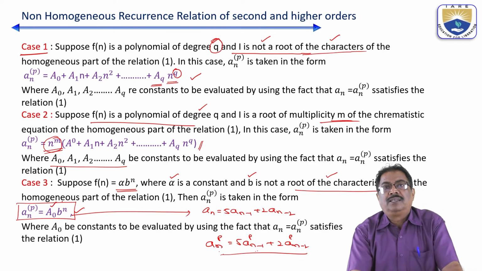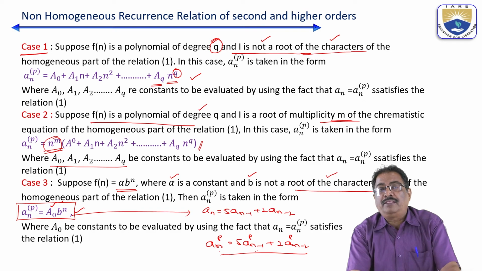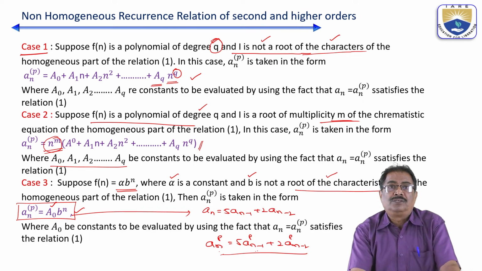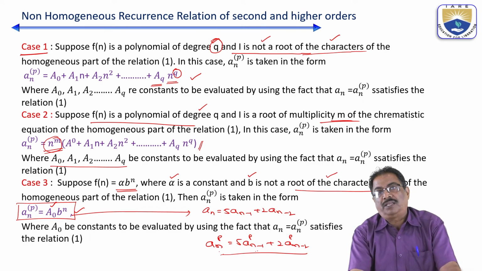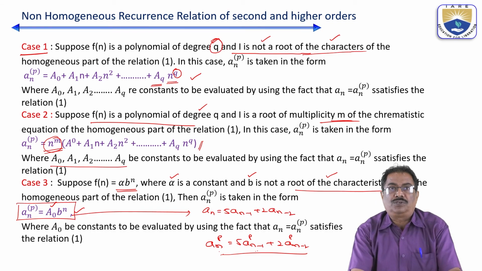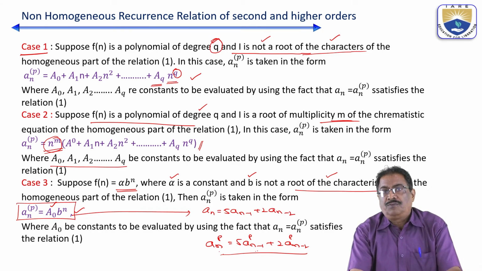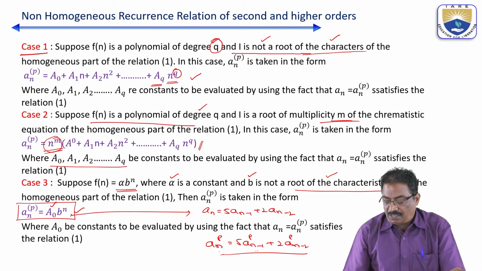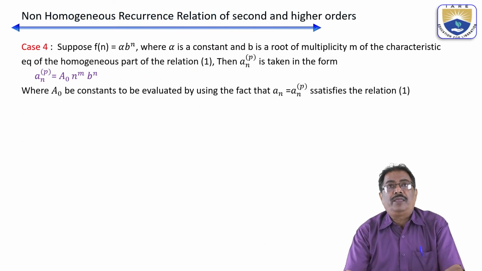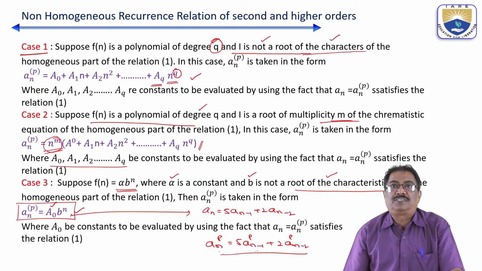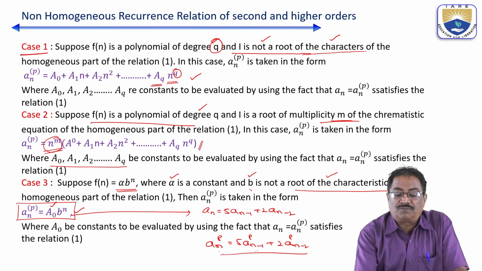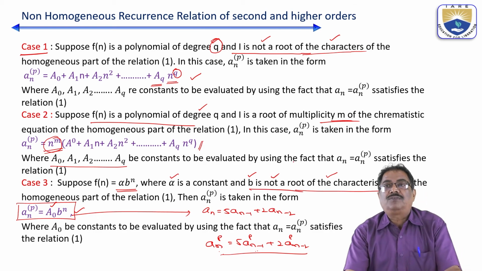After getting A0, we substitute it in this assumed particular solution. Subsequently, we can get a particular solution. So concentrate: whatever the particular integral, it should be free from constants.